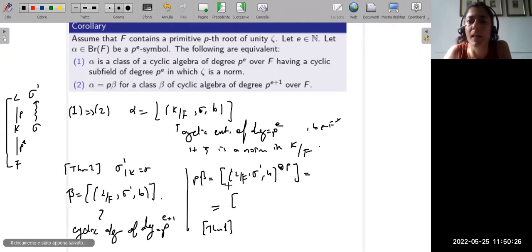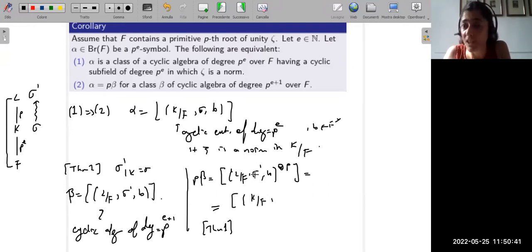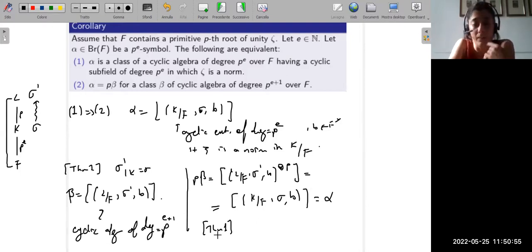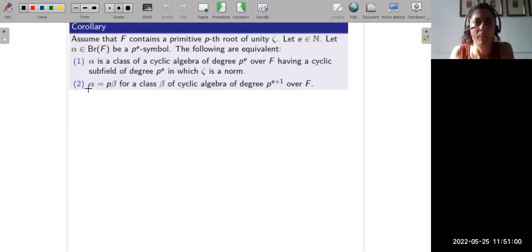This class is the same as the cyclic algebra that you construct from the cyclic extension K over F, the restriction of sigma prime to K, which is your sigma, and B. Well, this is the class that we started with. So this shows the implication 1 to 2, and the other implication is even simpler. Let me do this.